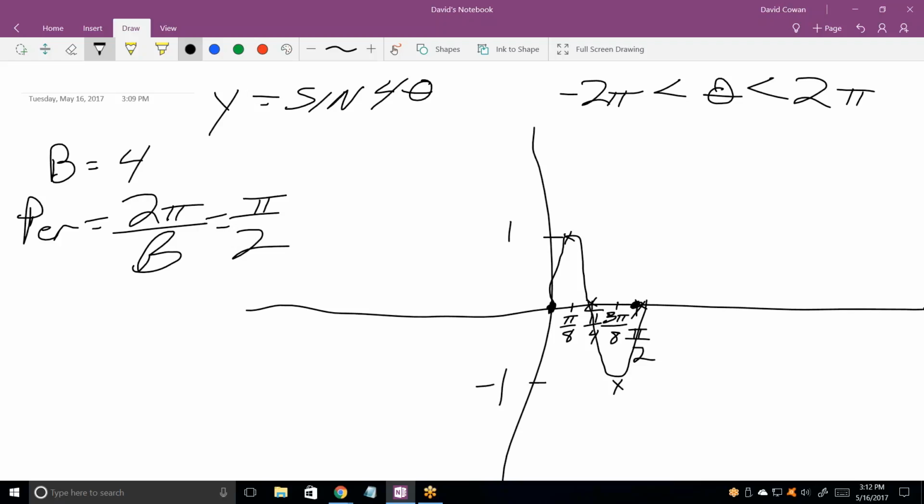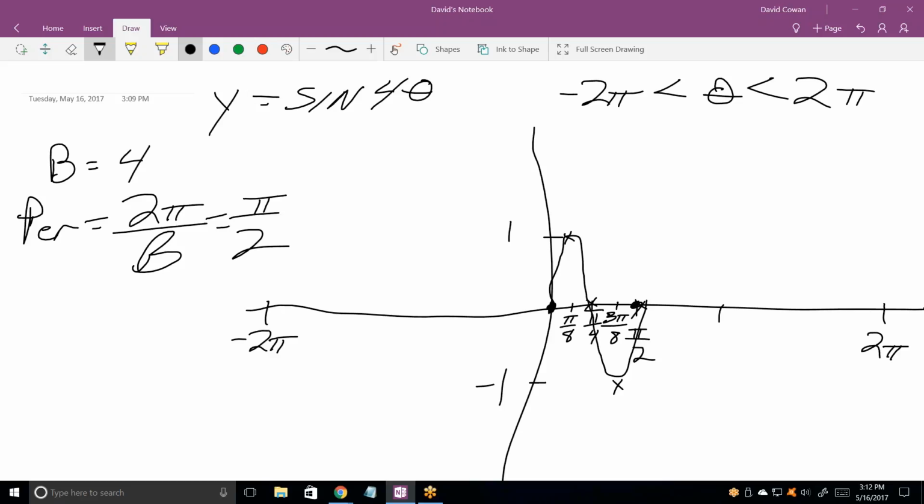Only that doesn't go from minus 2 pi to 2 pi. So let's go all the way out here to 2 pi. Remember theta is supposed to go from minus 2 pi to 2 pi. Right now, all we're doing is going from 0 to pi over 2. So I need basically 4 more cycles of this.